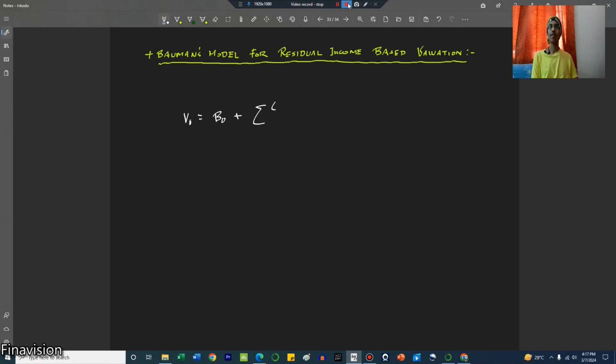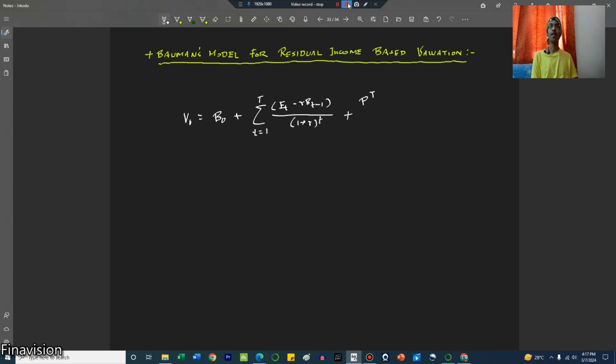B0 plus the sum of the residual incomes, which can be written like this: ET minus R into BT minus 1, divided by 1 plus R to the power T. Now let's say this residual income persists for T equal to 1 till time T. At time T, what Bauman says is there will be a premium to this company.